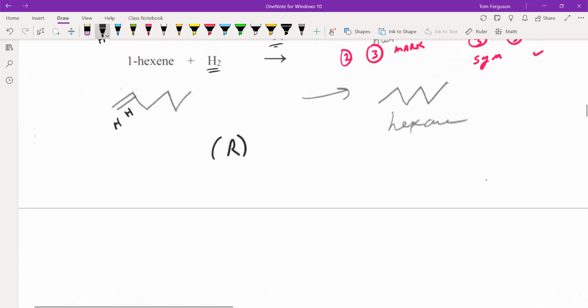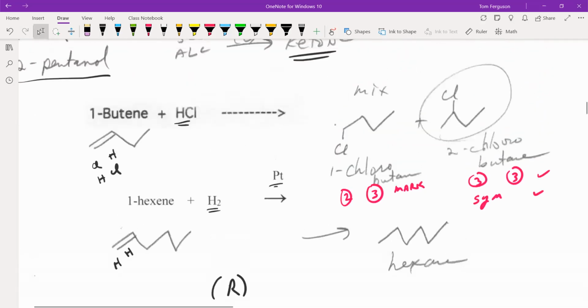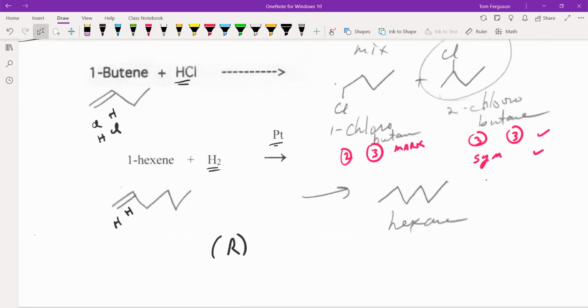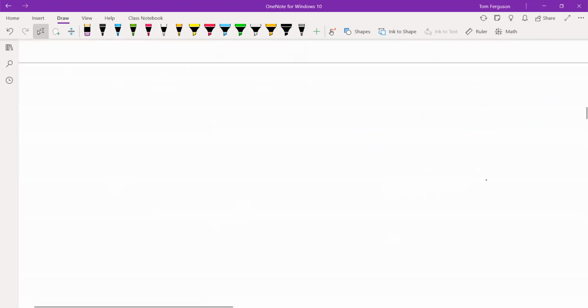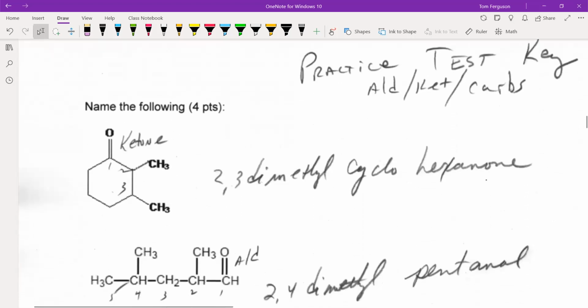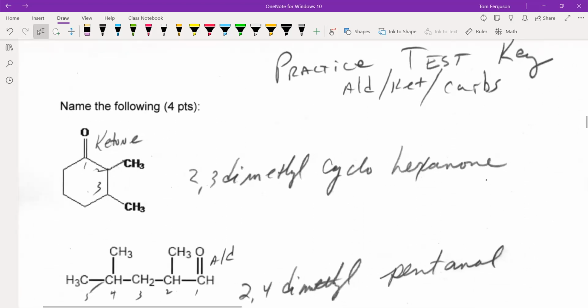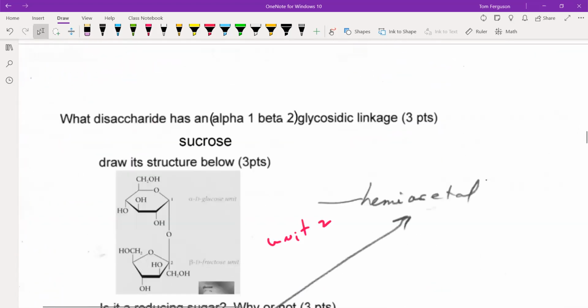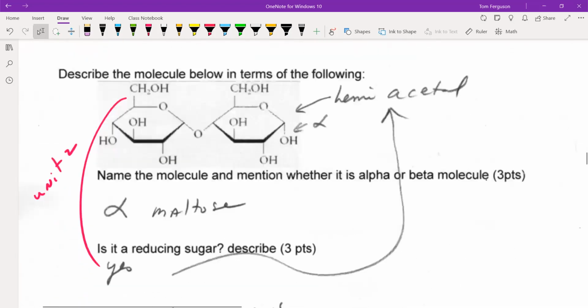Okay, so that was Unit 1 test for my 5-unit class. And I didn't cover aldehydes or ketones in that class. That was Unit 2 stuff. Okay, so let's look at this second one I had here.